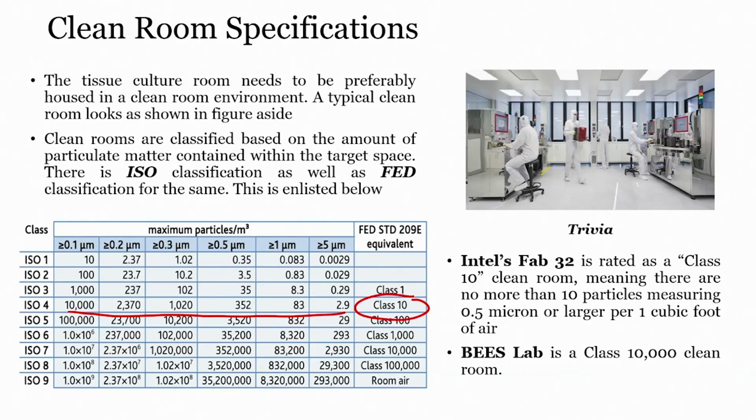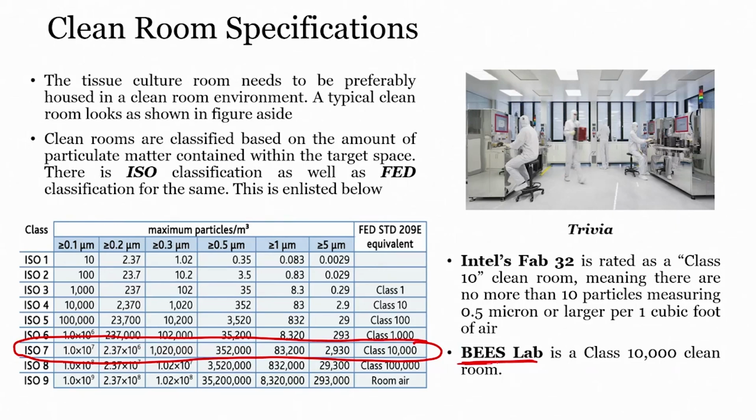So, for biology, for pharmacy, generally class 10,000 is used for experiments, right. We will give a tour of my laboratory here in my department, which is a class 10,000 clean room facility.